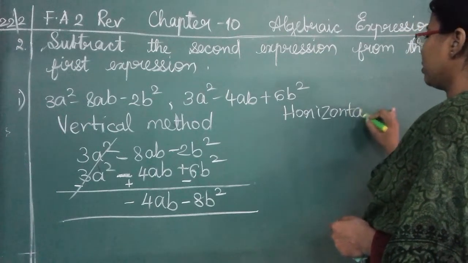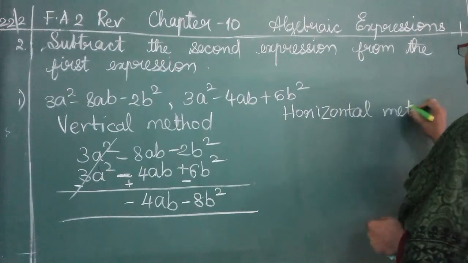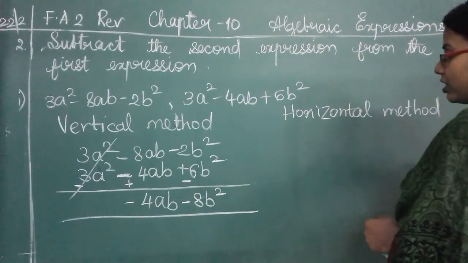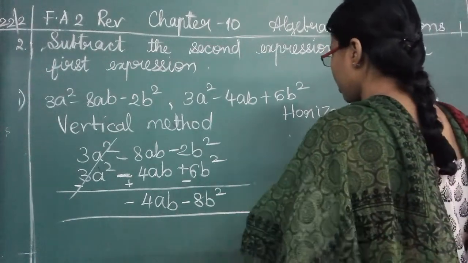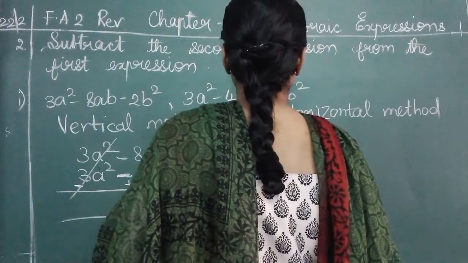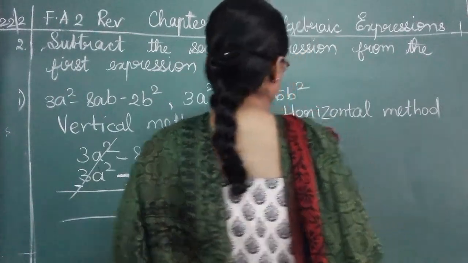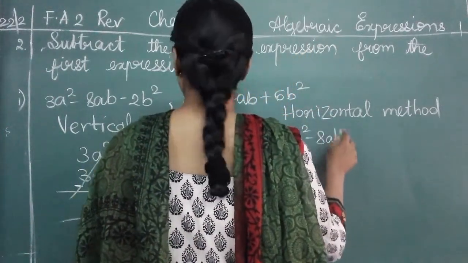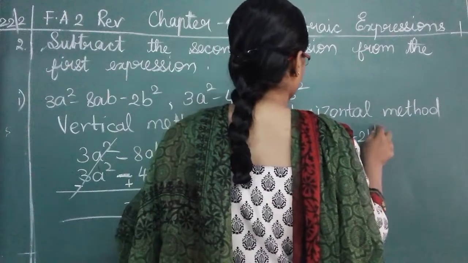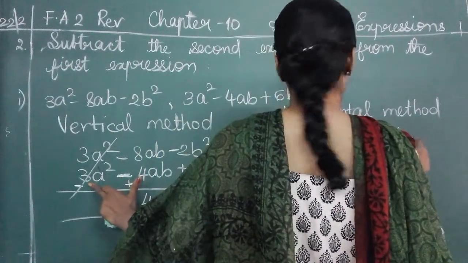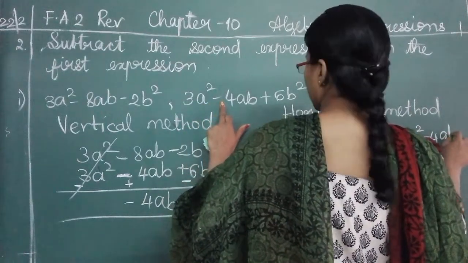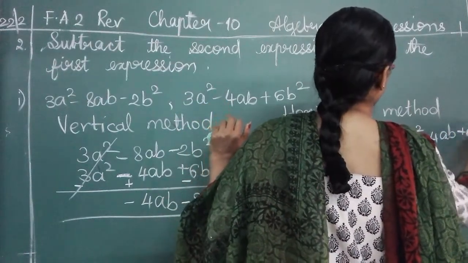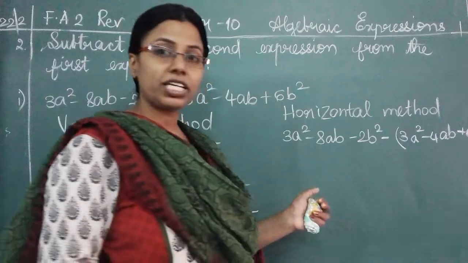Horizontal method. Okay. So now let's copy the first algebraic expression. 3a square minus 8ab minus 2b square minus of 3a square minus 4ab plus 6b square.